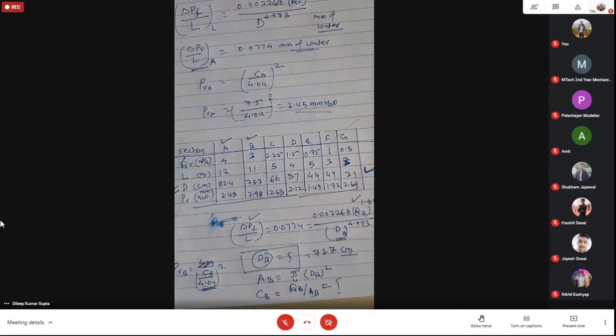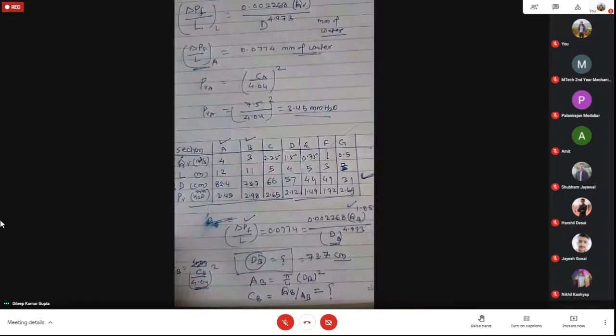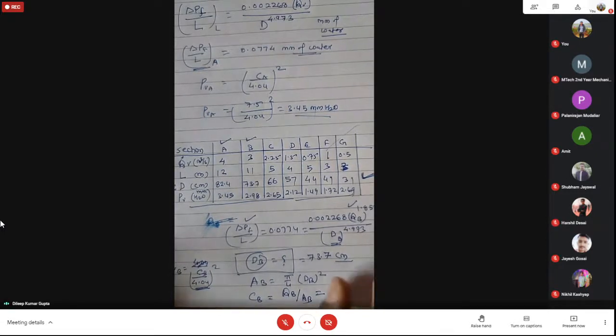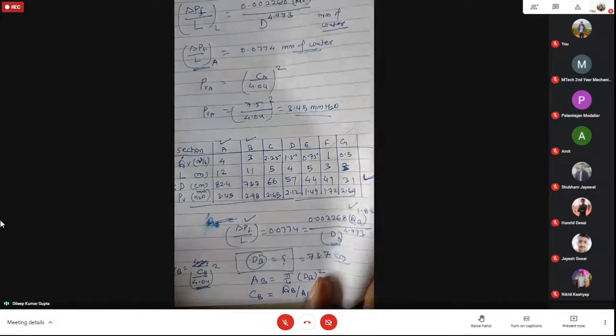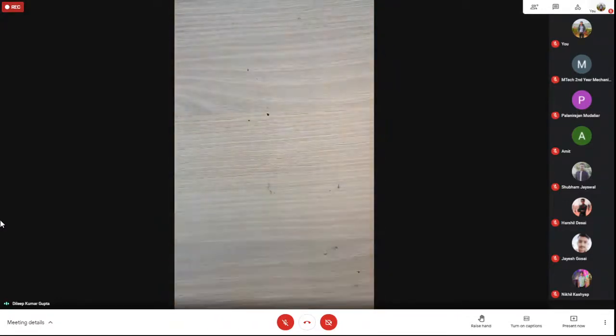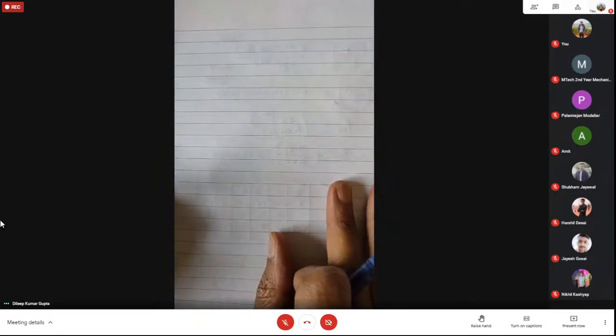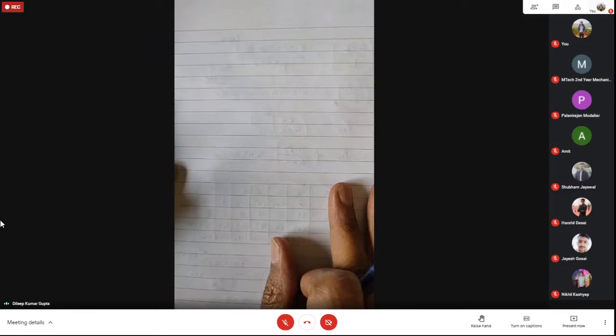Yes, sir. Okay. Now the other important thing is you have to find out the value of total power requirement, or the total pressure drop across the fan, which has to be compensated by using power. So now here we'll find out the total pressure drop, right?